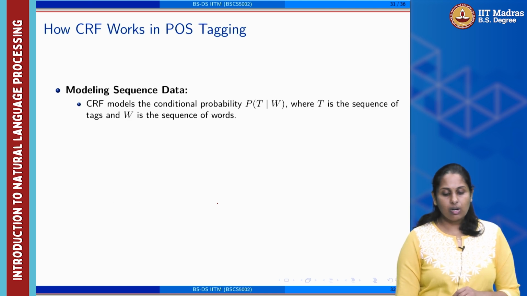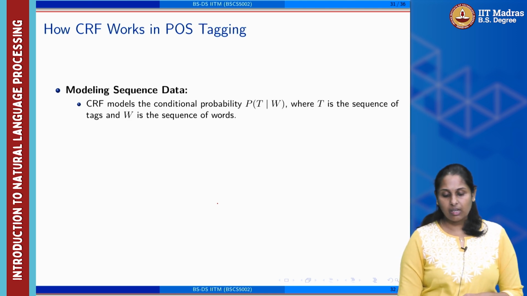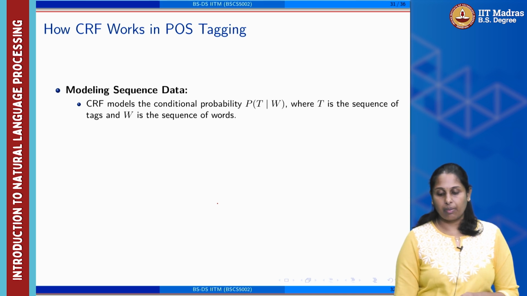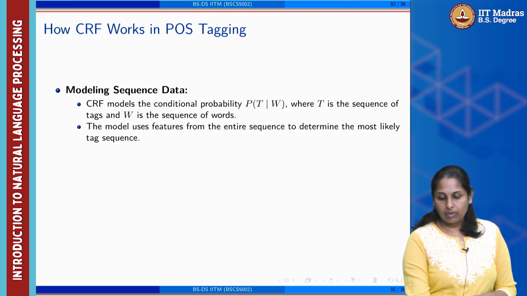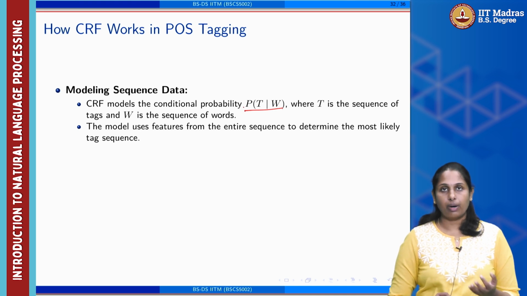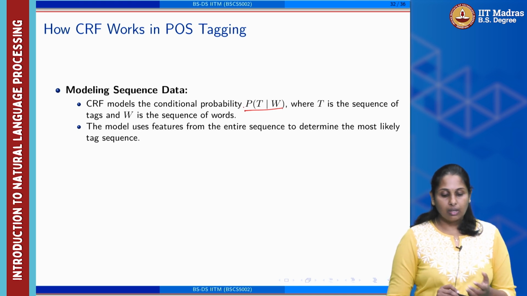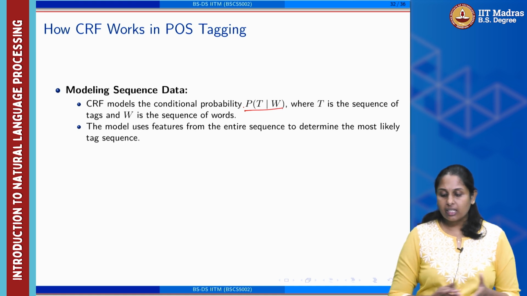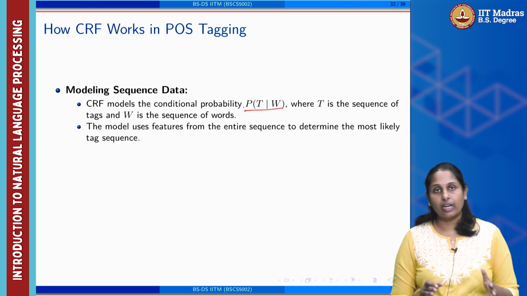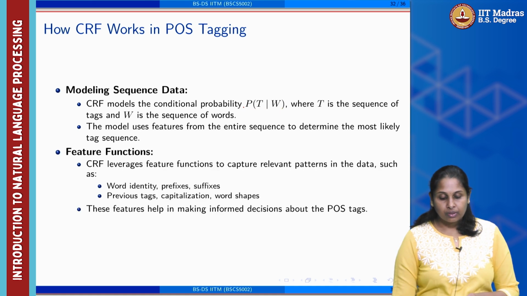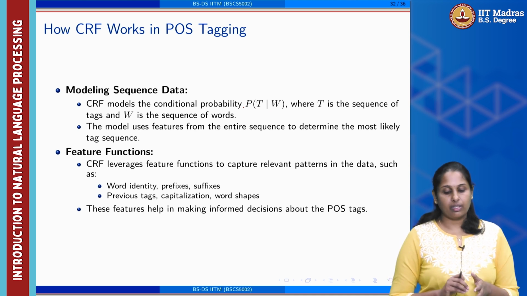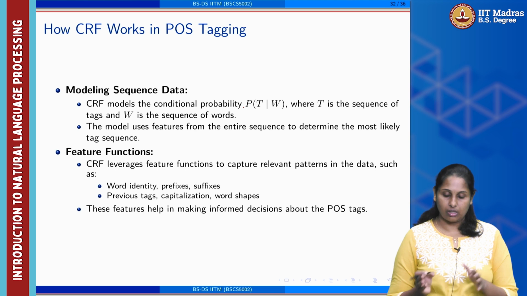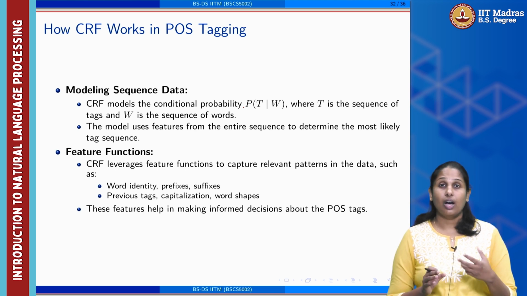So, how does it work? It models the sequence data, again using the conditional probability, where T is the sequence of tags and W is the sequence of words. So, identify the probability of T given W. Now, the model uses features from the entire sequence to determine the most likely tag sequence. So, feature functions are also part of CRF. It uses prefix, suffix, capitalization, hyphenation, the beginning and end of the word, and the word shape.